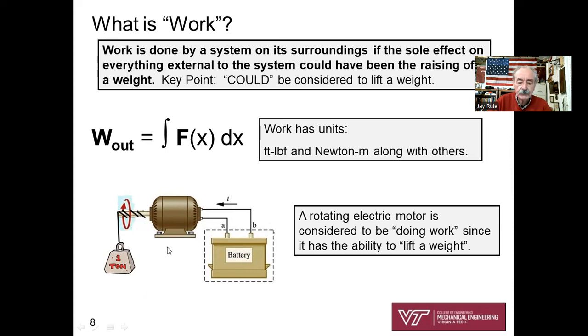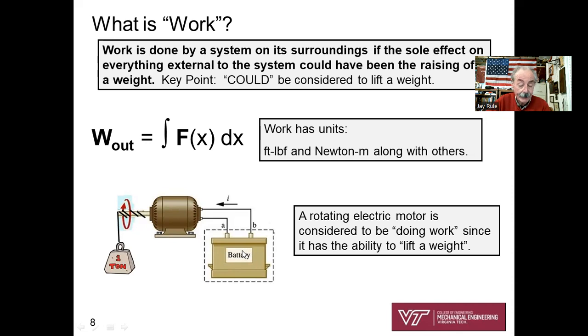In this class, we consider a turning electric motor, in other words, a shaft turning at a certain speed and torque. That's a matter of doing work as well, because you can imagine that this turning motor is lifting a weight, if you could wrap a rope around the turning shaft. Therefore, the electric power powering the electric motor is also considered doing work.